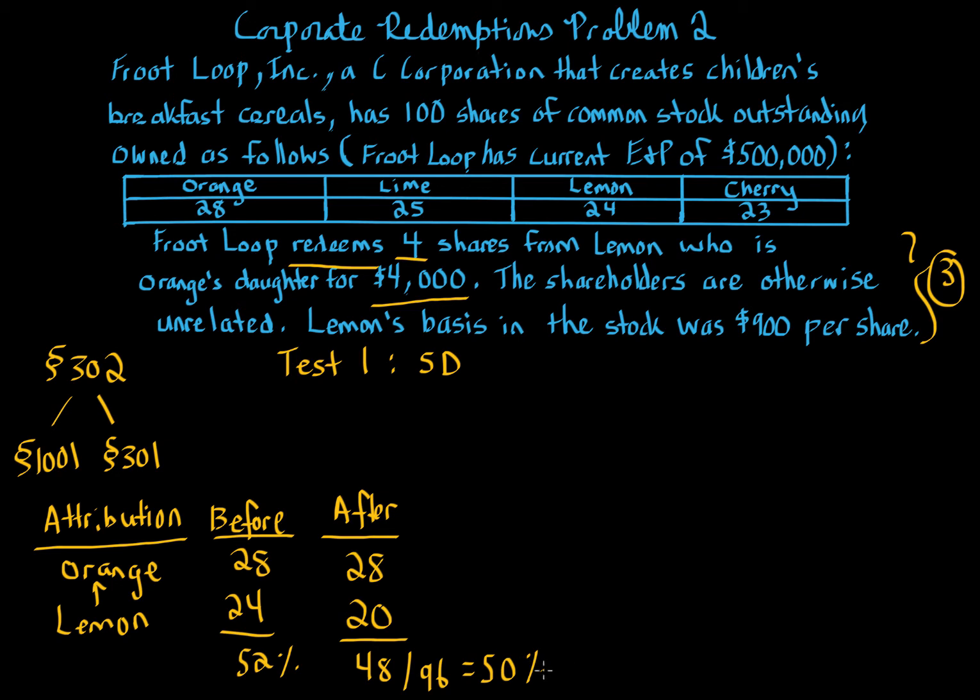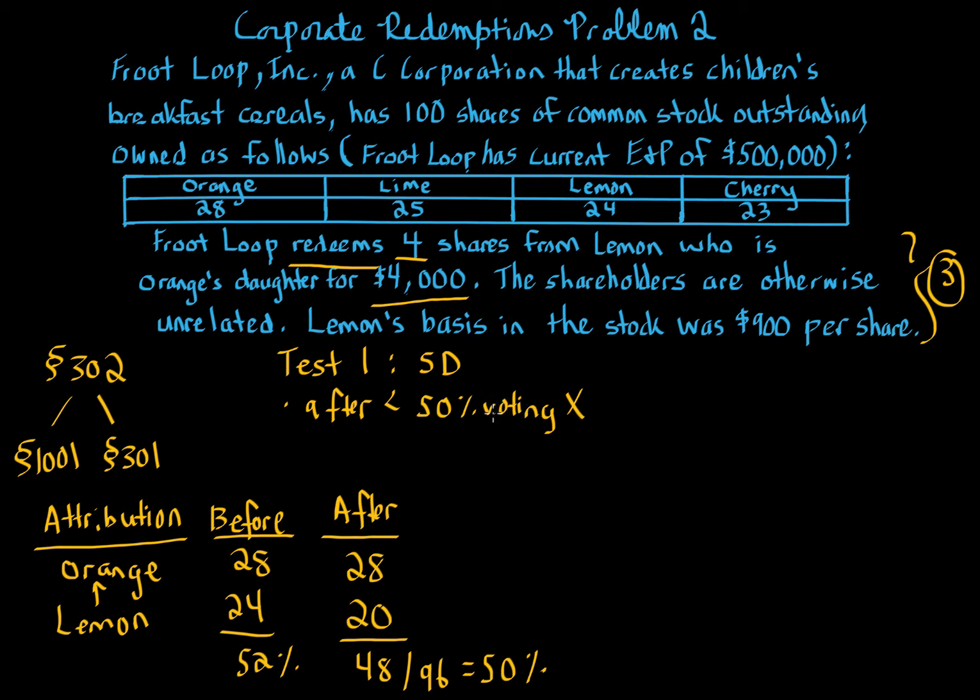So the first test, substantially disproportionate, the first subtest, remember, is that the after percentage must be less than 50% when you view voting, which there's only voting stock here. And guess what? We fail it because it's equal to 50%. So test 1 fails.